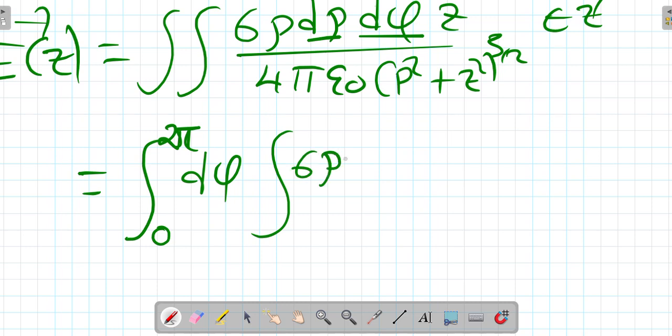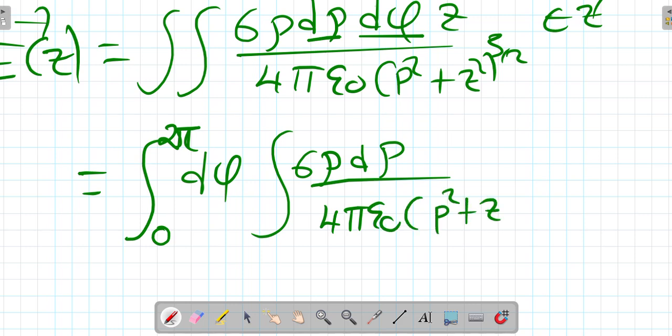So we're going to have sigma d rho over 4 pi epsilon 0, then rho over rho squared plus z squared to the power 3 over 2. Here you're integrating from 0 to R because you're integrating with respect to d rho, so rho varies from 0 to R.